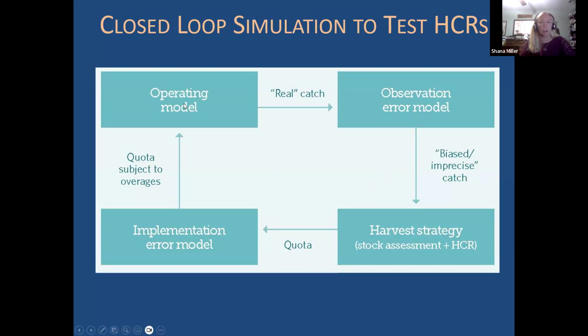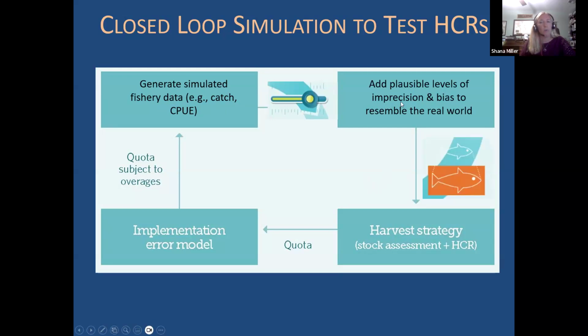So we start with our operating model that we just discussed to generate simulated fishery data. We put that into the observation error model, which adds plausible levels of imprecision and bias because the fishery data we collect is never exactly correct, right? There's always some under or over reporting.